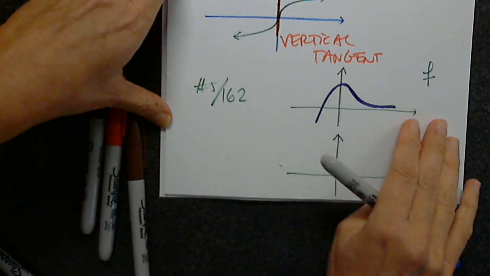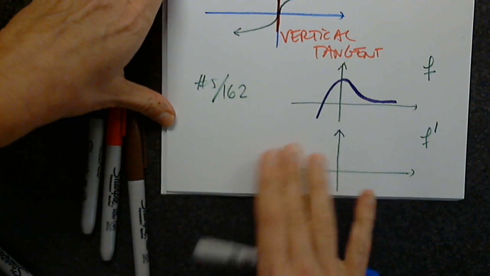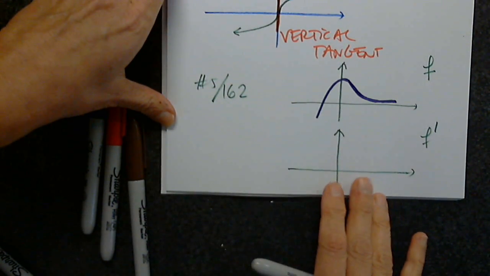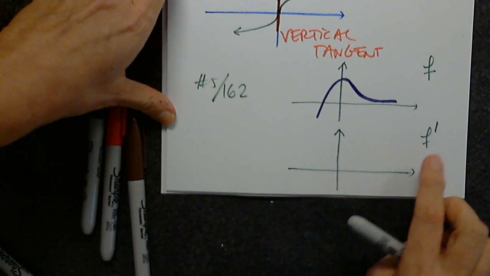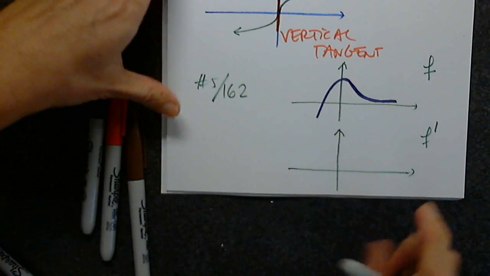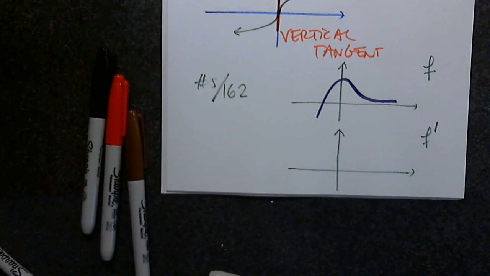So this is the given function. We are trying to sketch a rough graph, an estimate of the derivative. What will the derivative give us? It will give us the slope of the tangent line to the graph, anywhere where the function is differentiable. Okay. So I'm going to come up with some points.